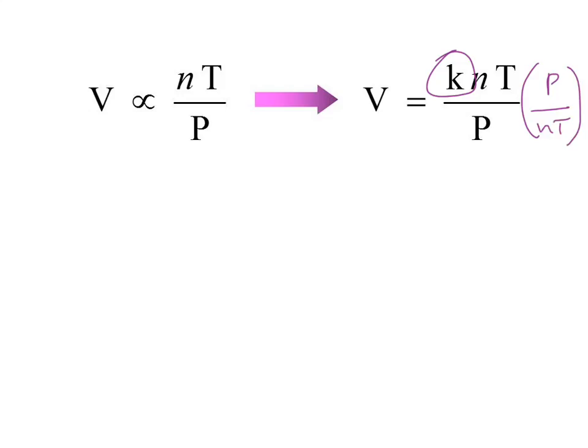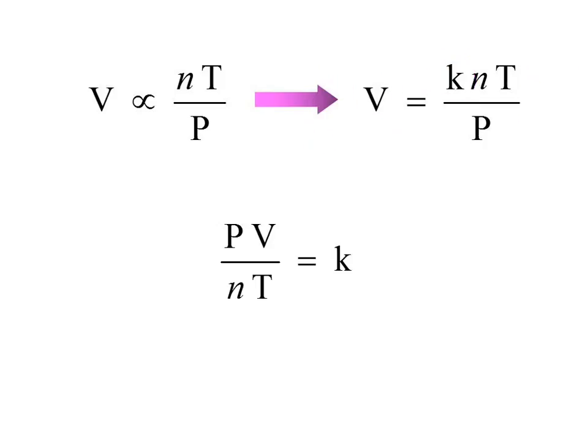Does that make sense? Okay. P over NT. That's the sort of algebra I'm counting on you being able to do. Okay, so we get PV over NT is constant K. And we are going to replace that K with an R.